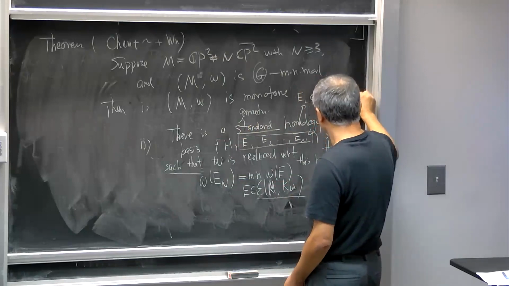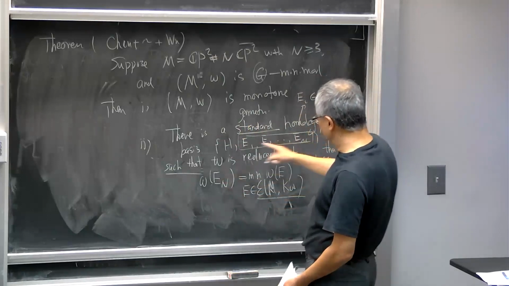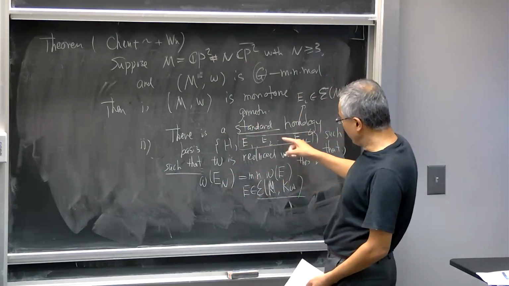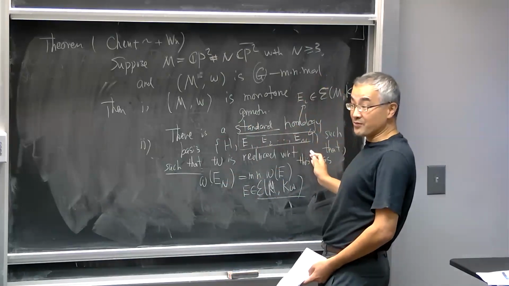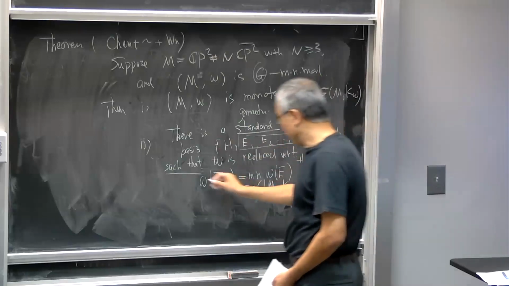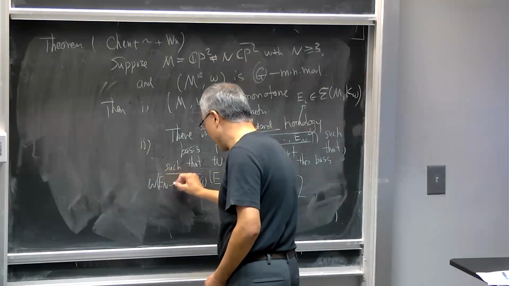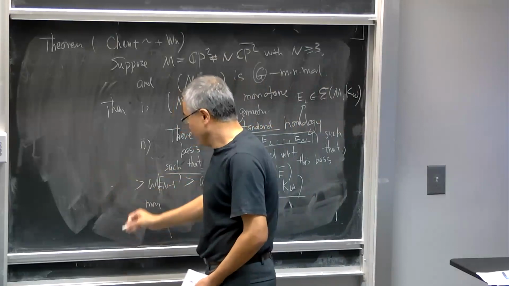So particularly, they can be represented by symplectic embedded spheres. But they're chosen in order, so the last one has the smallest area, and the next one has the smallest area among all those orthogonal to the last one. So you have this, and this is greater than omega E_{n-1}. This also has the minimal property, and so on.